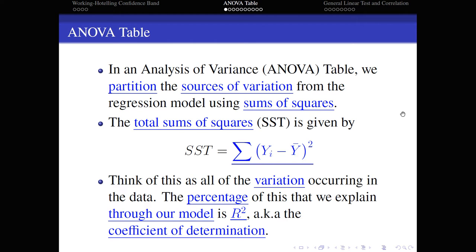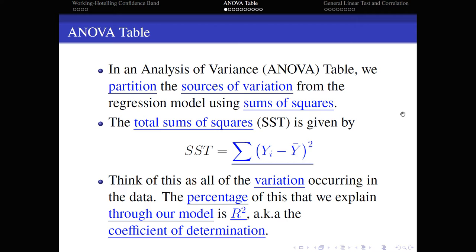Our goal is to explain this movement with our independent variables, and if our independent variables explain a meaningful proportion of this, we can call it statistically significant. A non-zero proportion of this, or we have evidence that it explains a non-zero proportion of this in the population, we call it statistically significant.